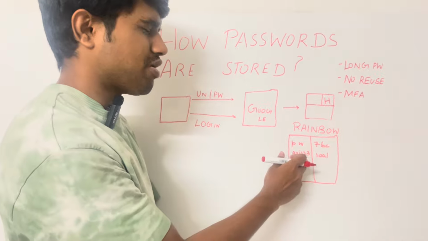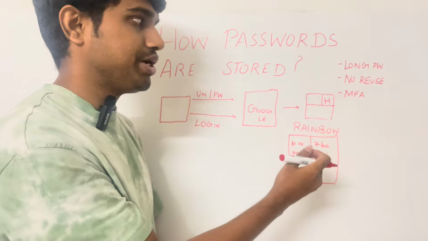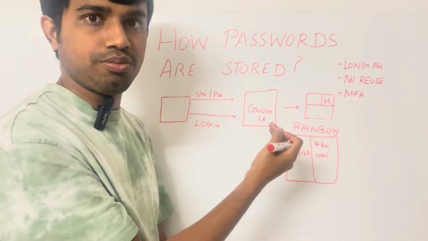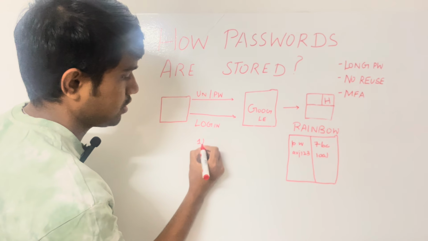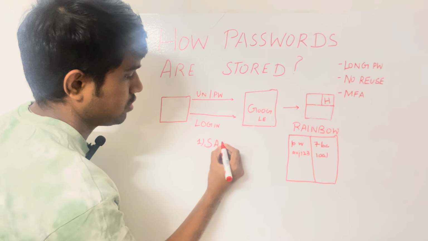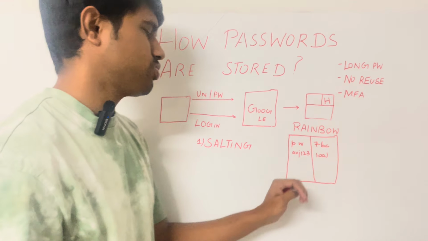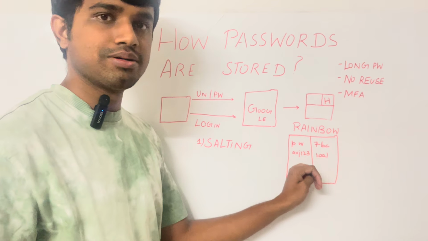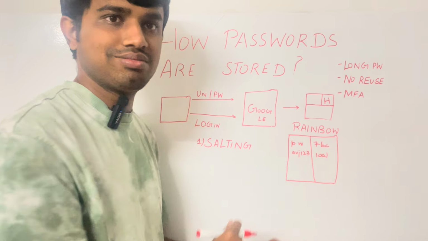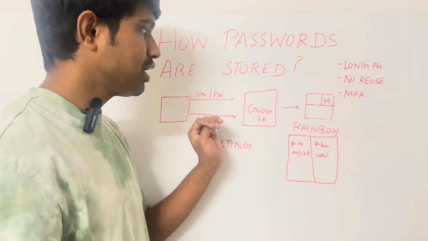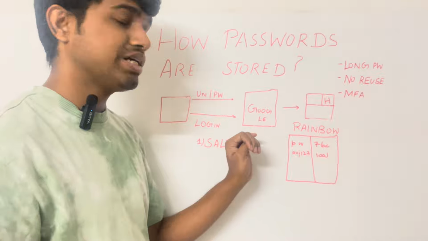So how can we avoid this rainbow table? For this as well, some security measures are added on top of hashing. One thing is called salting. Even if you give a basic password like password123, and another user has also given the same password123, what Google will do is, when a user signs up, they will assign a salt for them.